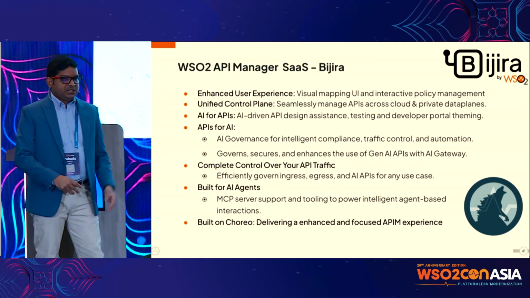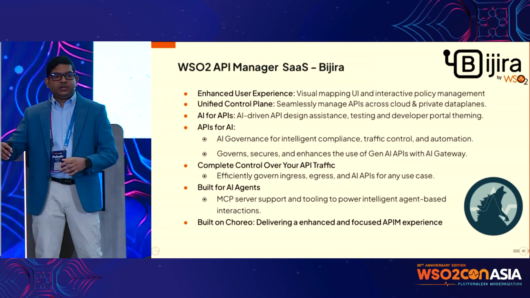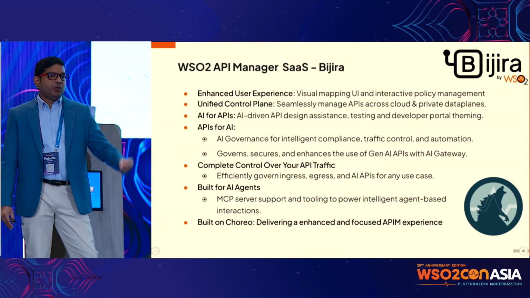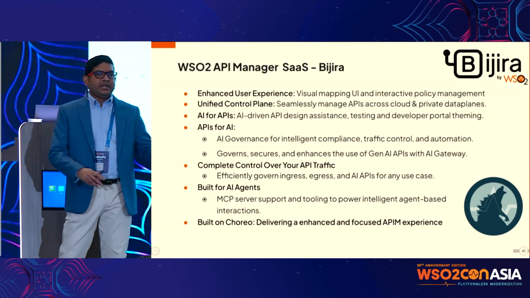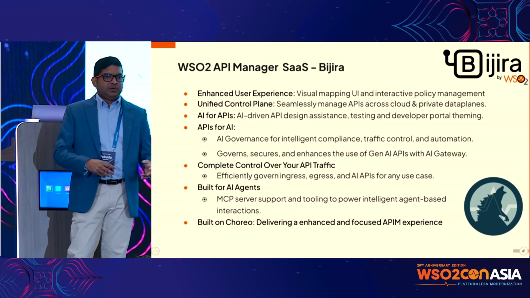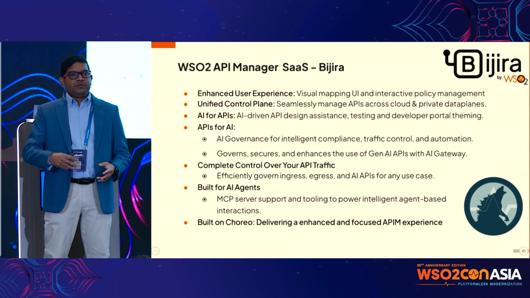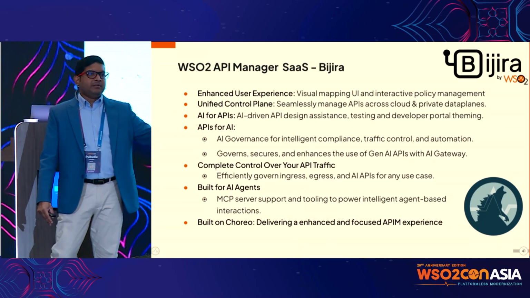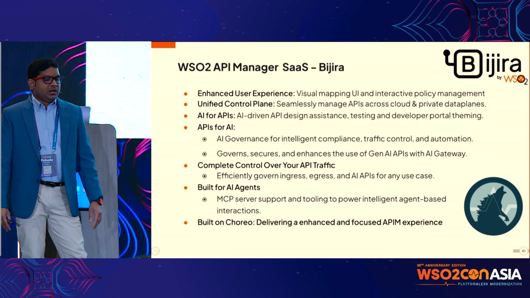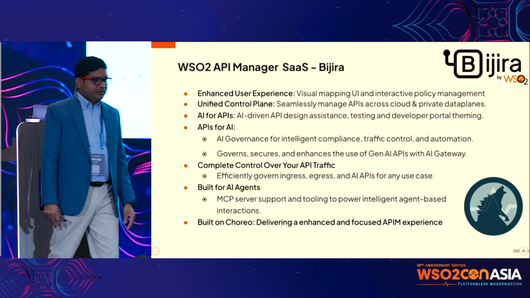So with Bijira, you can onboard these English documents into Bijira, and it will do the validation for your API. So if you have something in English, it can validate this governance within the platform itself.